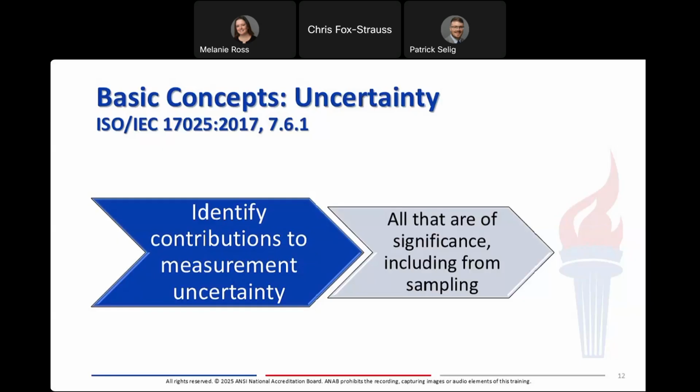Oftentimes, testing laboratories will use their controls to determine measurement uncertainty for the tests that they're performing on client samples. Measurement uncertainty for calibrations is a bit more complex, so testing laboratories need to understand the measurement uncertainty requirements as well as how to develop an uncertainty budget for the calibrations that they are performing.